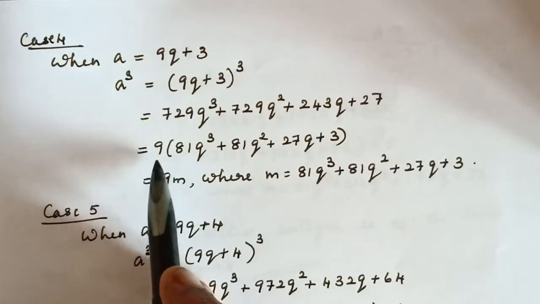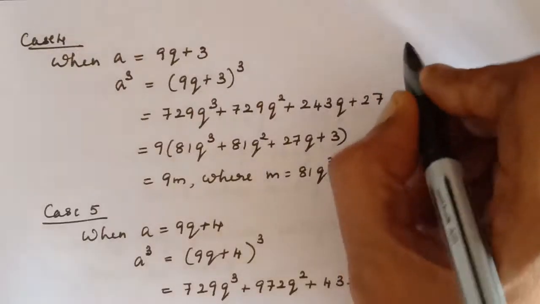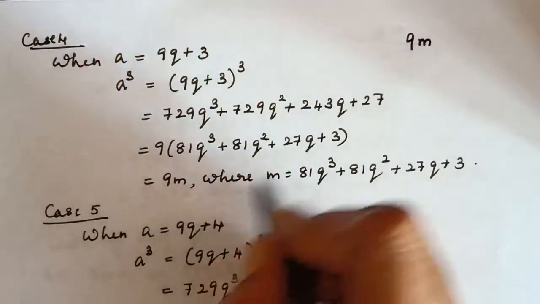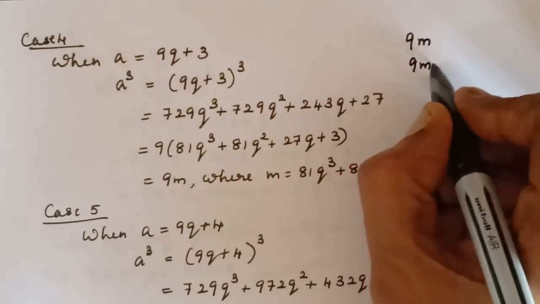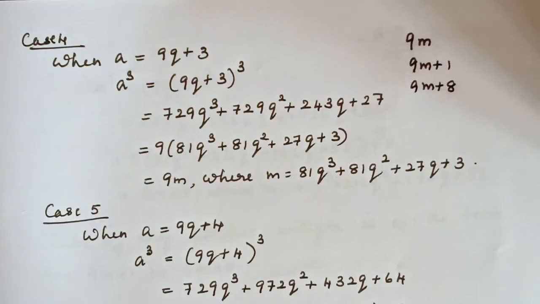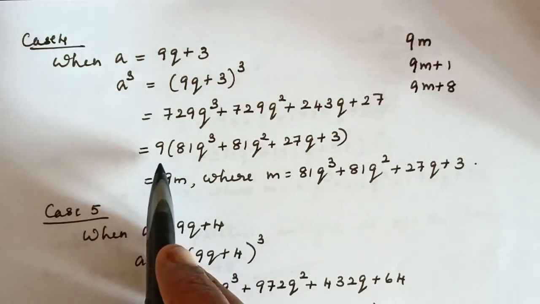We have to write 9 into only, because in the question itself we have to show that it should be 9m or 9m plus 1 or 9m plus 8. So we can take 9 as a common factor over here.